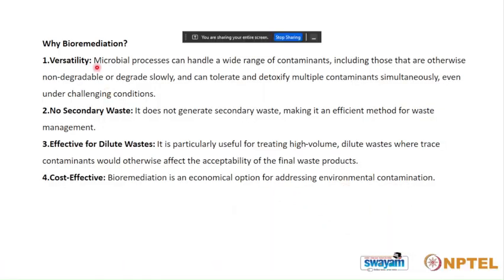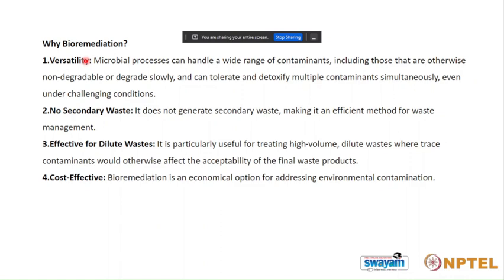So why should we rely on bioremediation? Because of the versatility of the process, microbes can handle a wide range of contaminants, and also there will be no generation of secondary waste. In the case of other physicochemical processes like adsorption, we need to add external chemicals, so secondary waste generation will be there.